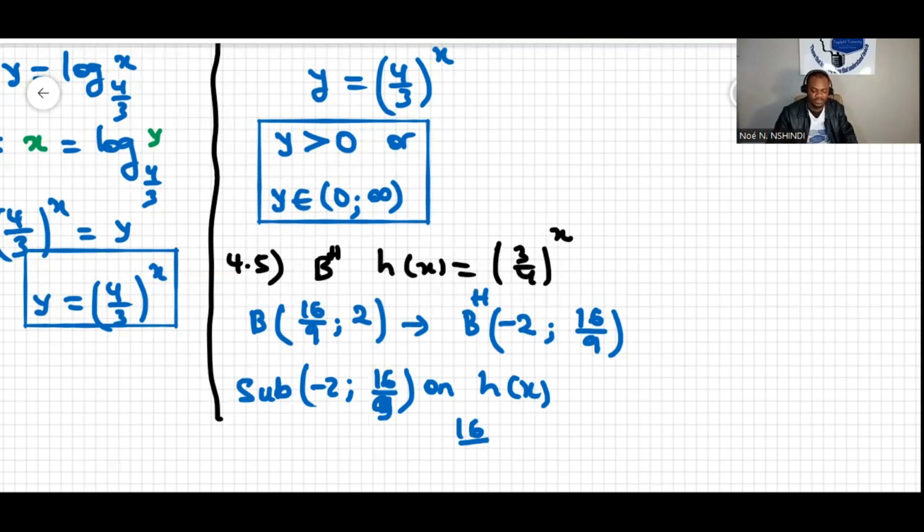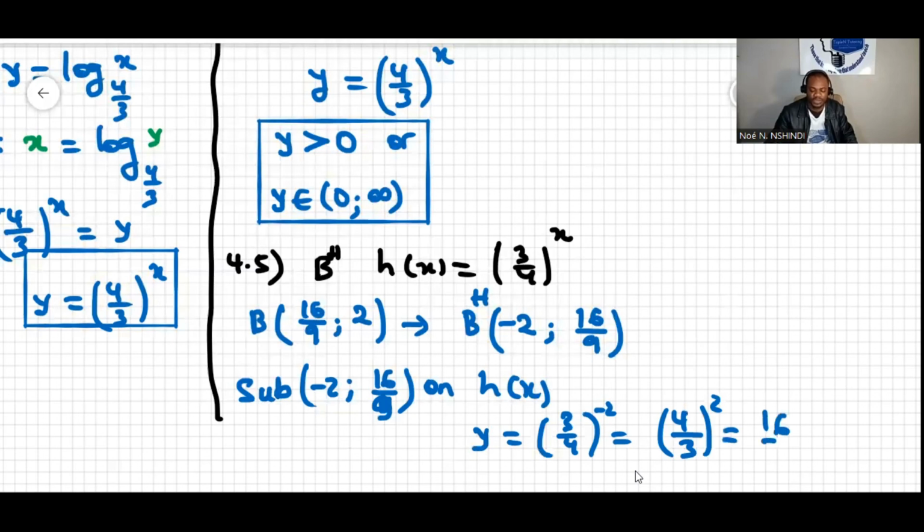I need to find the value of y. If I sub -2 on 3/4, when you have a negative exponent like that, you can reverse to 4/3 and write it with a positive exponent, and of course this will make 16/9. Then BH is -2 and then 16/9.